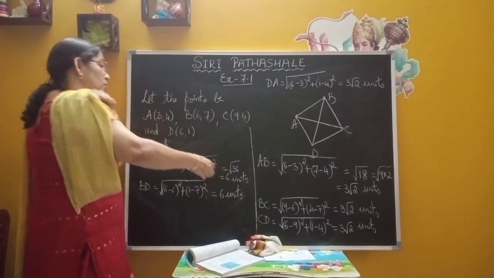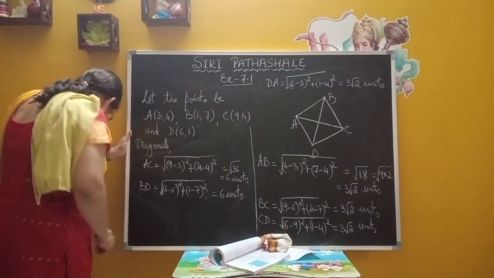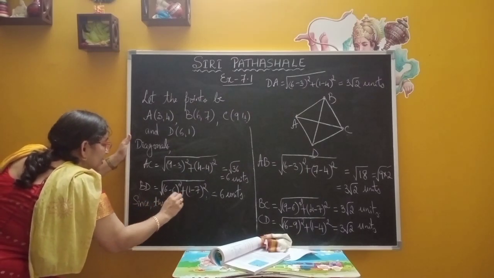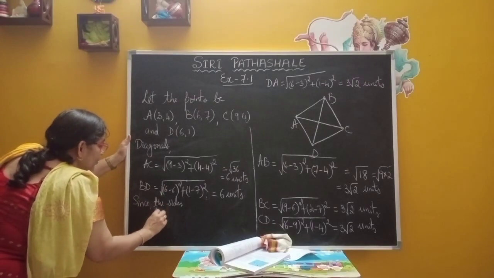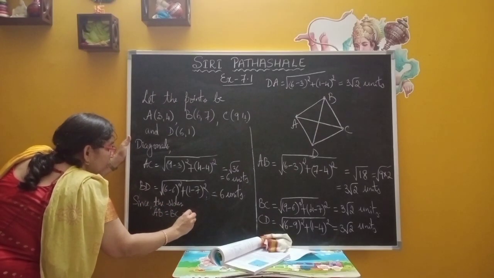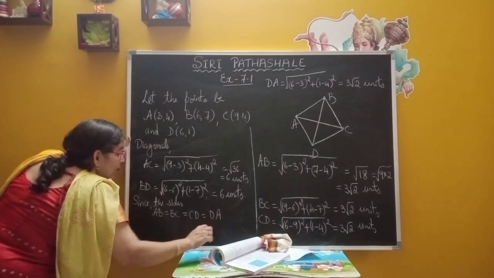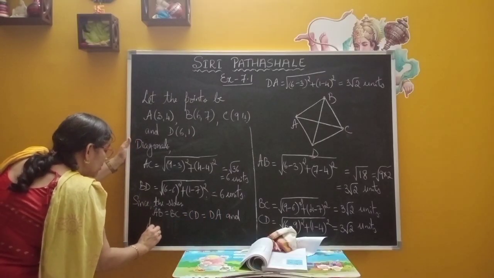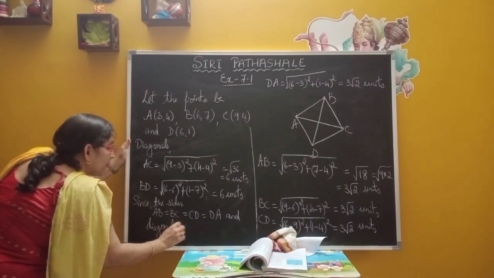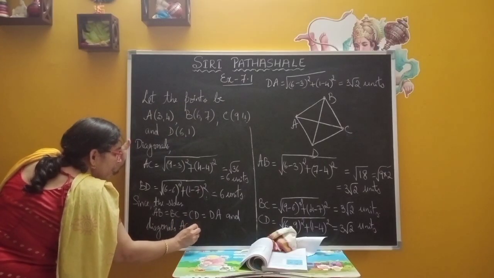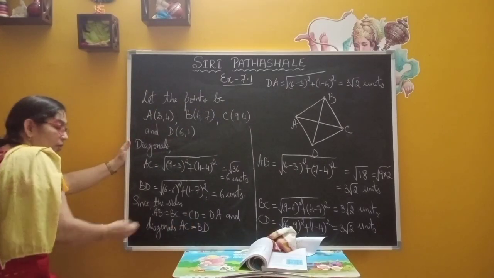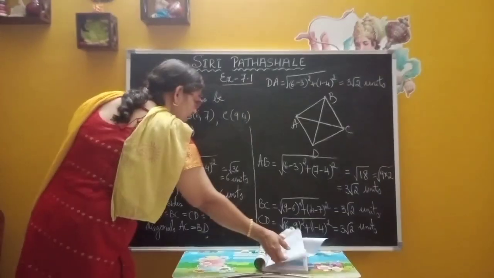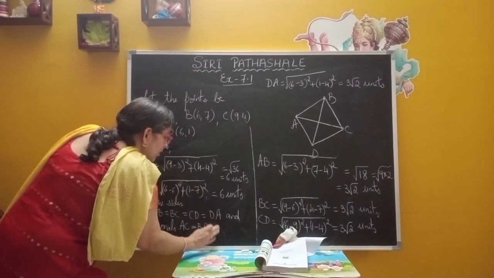Let us write: since the sides AB, BC, CD and DA are equal, and the diagonals AC and BD are also equal, what do we conclude?